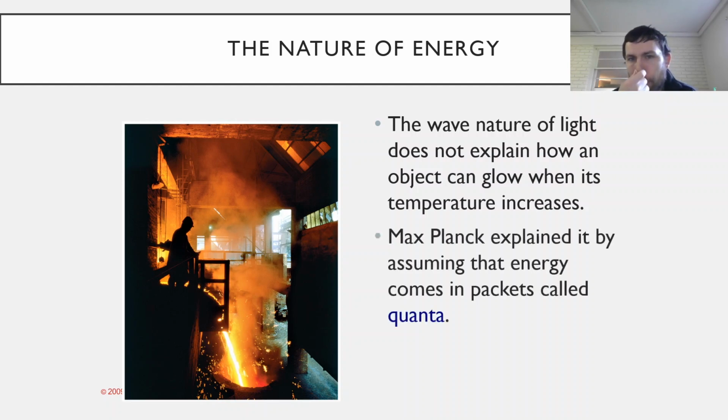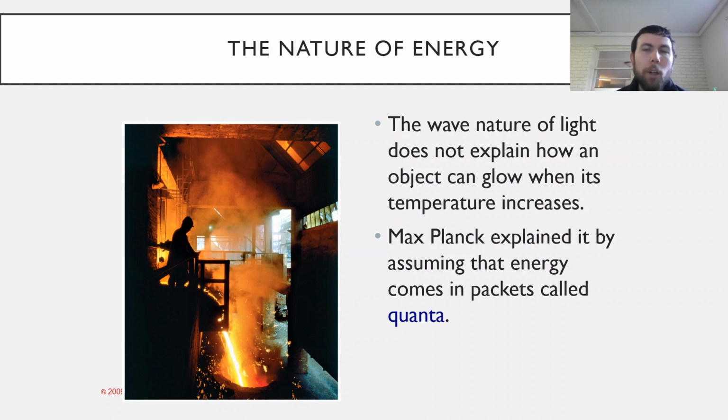Okay, and so that was a shortfall of understanding light from the perspective of light just being a wave. And so then we've got to think about, okay, how do we deal with that kind of anomaly or problem? And that leads us to Max Planck. What he was able to do is explain this idea that energy comes in packets called quanta, right?